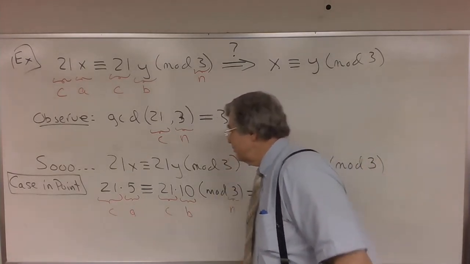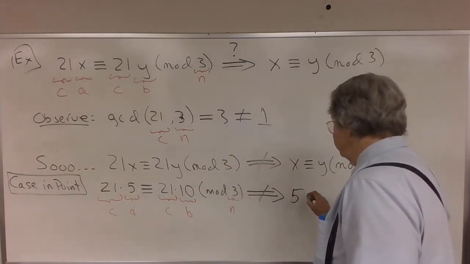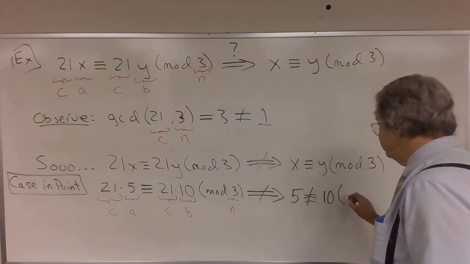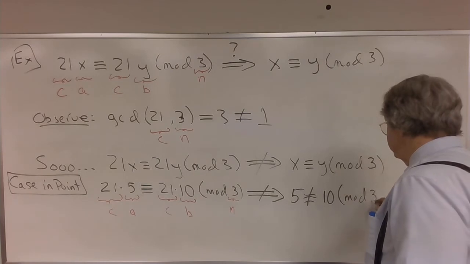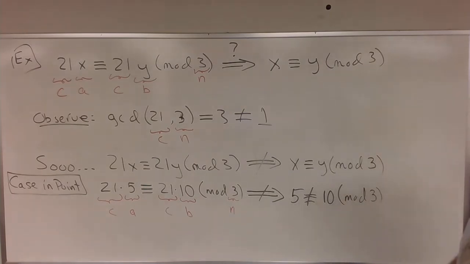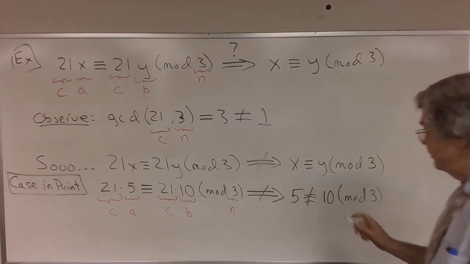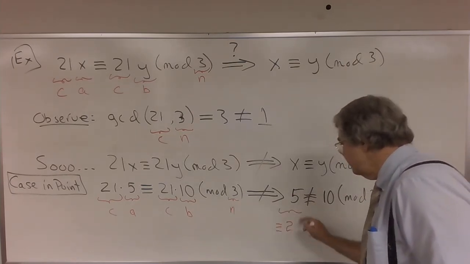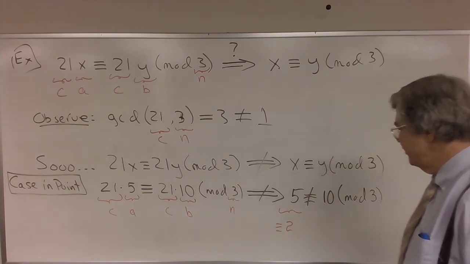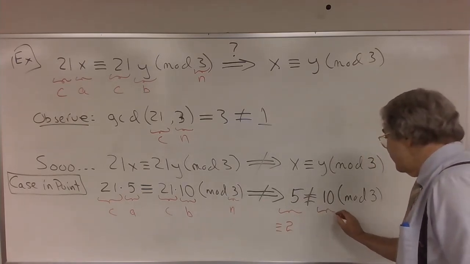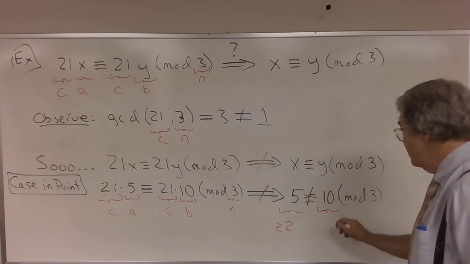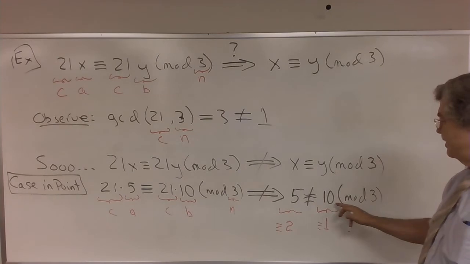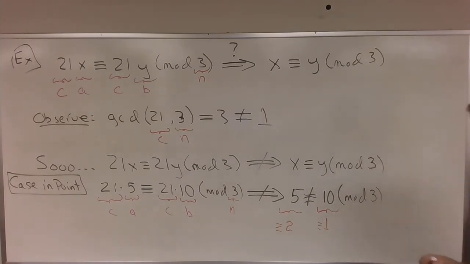We can't cancel the 3s. 5 is not congruent to 10 mod 3. 5 is congruent to 2 mod 3, because 5 divided by 3 leaves a remainder of 2. And 10 is congruent to 1 mod 3, because 10 divided by 3 leaves a remainder of 1.